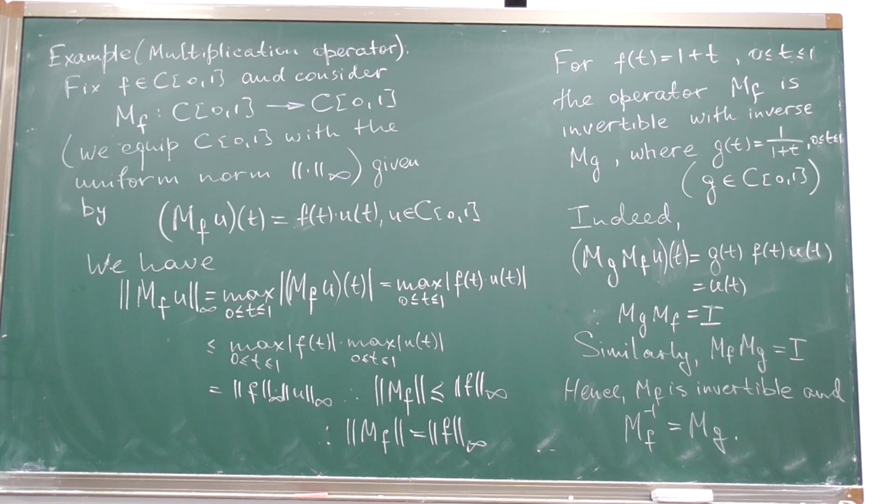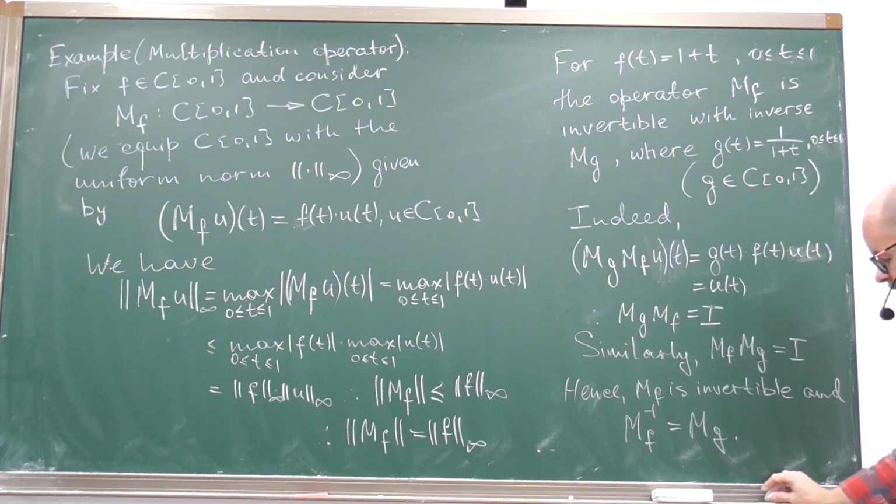Well, we have considered a multiplication operator for a specifically chosen function f, and without any problems proved that it is invertible and computed its inverse. As you might guess, in the general situation, life is not as easy as here.